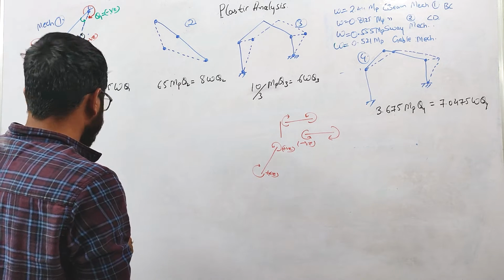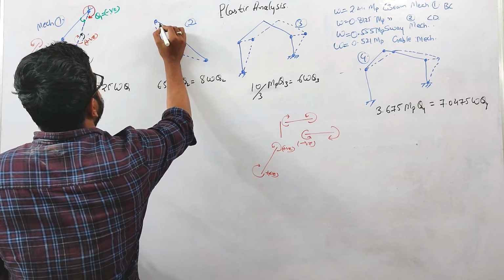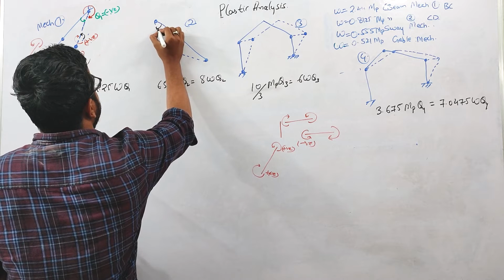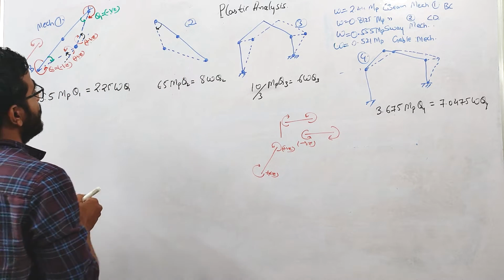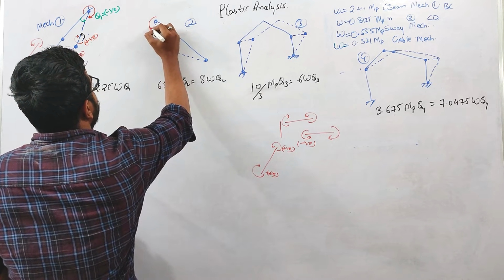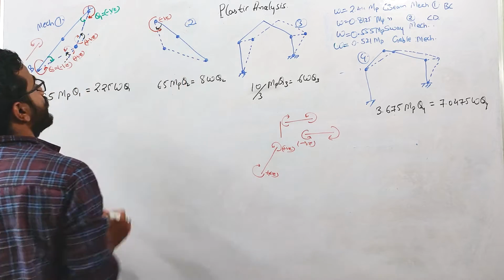Similarly, let us come to this beam, right? Here you can see that the direction of the rotation is like this, clockwise. Okay. To balance this, there will be some moment in anti-clockwise direction. So this theta will again be negative, right?